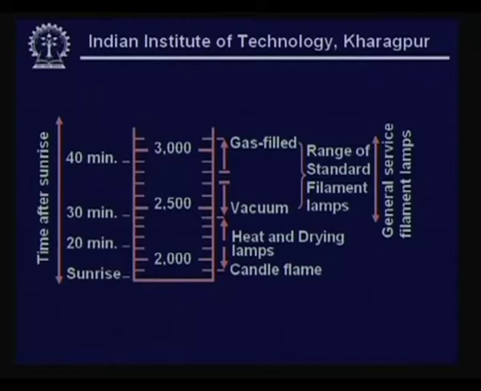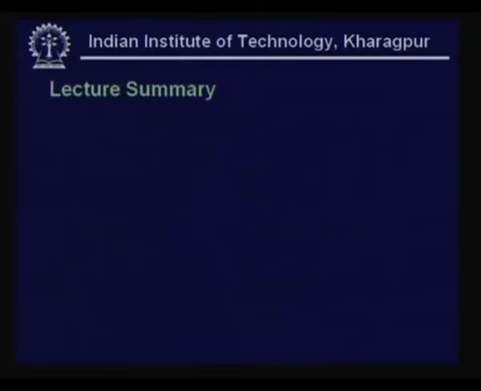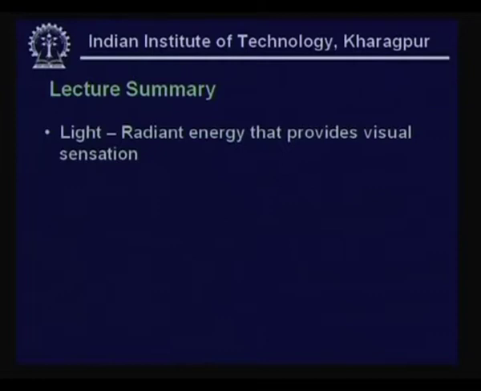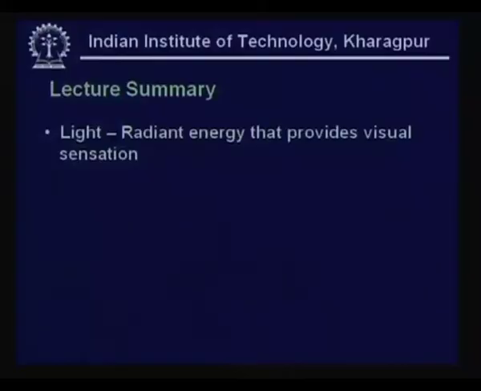So, around the sunrise the radiation is known to be around 2000 degree Kelvin. So, having seen this, what have we learned in this lecture? We have learned that light is the radiant energy that provides visual sensation.